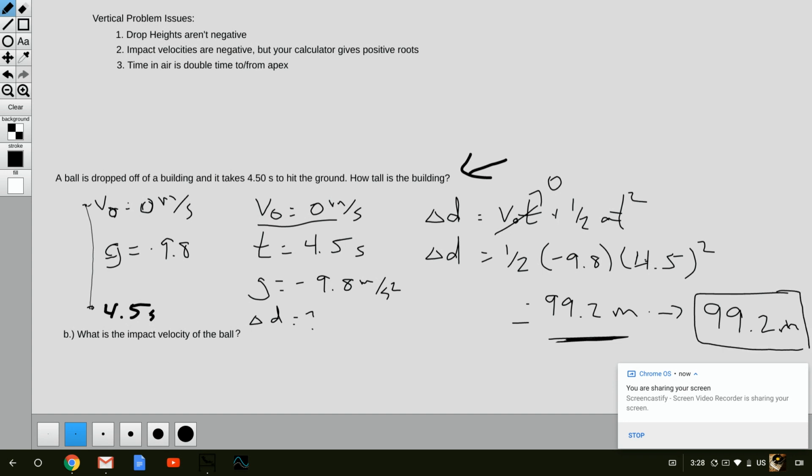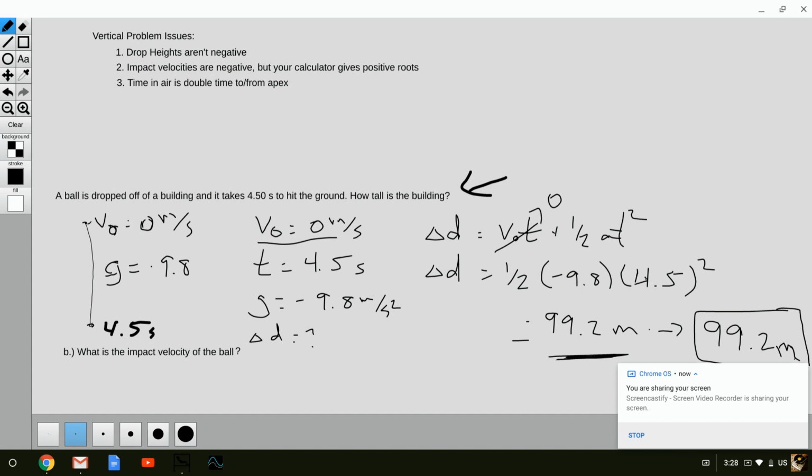Okay, that's supposed to be meters. Sorry. Hold on. Erase. Try that again. Meters. Slightly better. Okay, so that is how we would handle our first issue.